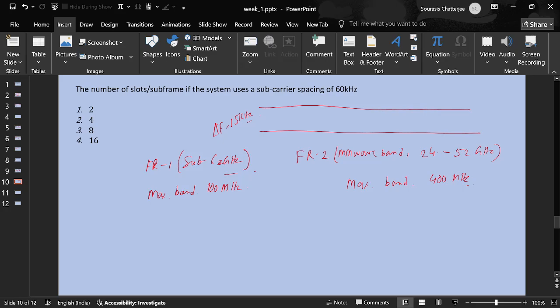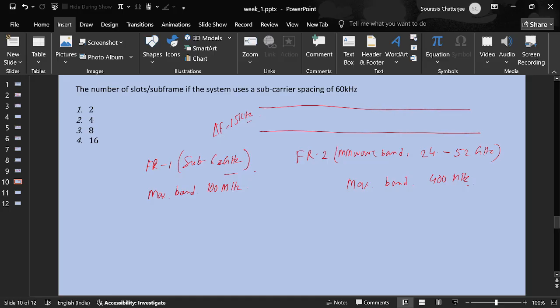Okay. So FR1 or FR2, which one is more likely to have a higher subcarrier spacing? FR2 has the higher subcarrier spacing. Okay. And is that going to help in terms of mitigating intersymbol interference? In terms of CP duration, do they align or do they have different requirements?